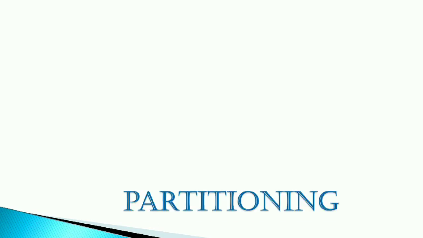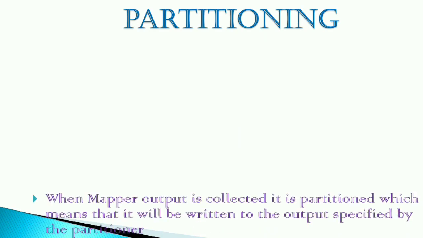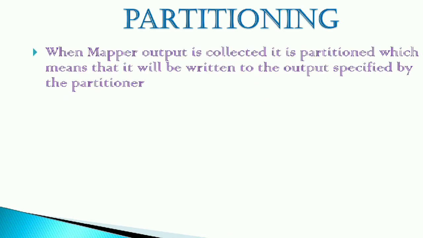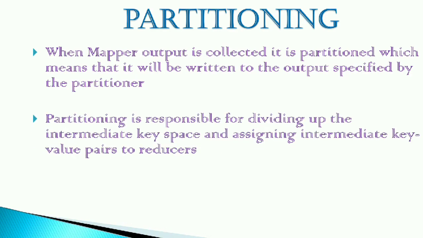Next topic we are going through is partitioning. When mapper output is collected, it is partitioned, which means that it will be written to the output specified by the partitioner. Partitioners are responsible for dividing up the intermediate key space and assigning intermediate key value pairs to reducers.